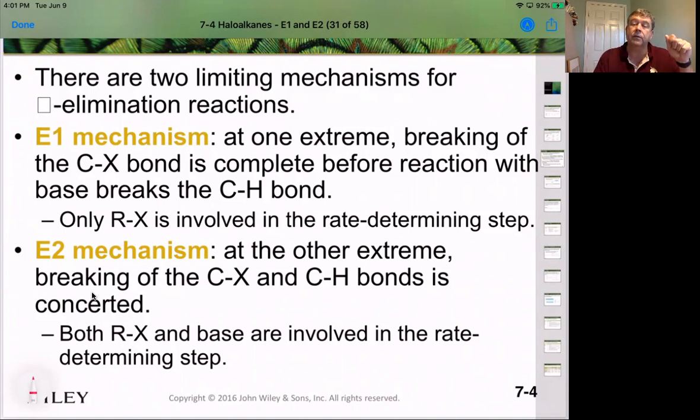As the electrons are coming in from that, the halogen leaves at the same time. In the case of E1, the rate determining step only involves the concentration of the alkyl halide. In the E2 step, it involves the concentration of the base and the alkyl halide, just like in an SN2 reaction or an SN1 reaction.